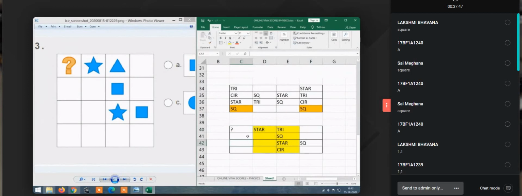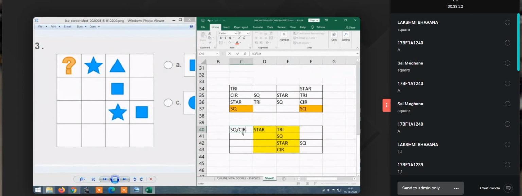The first row cannot have a star either. So what are the possibilities here? When you cannot have a star, the possibilities are square and circle, correct?